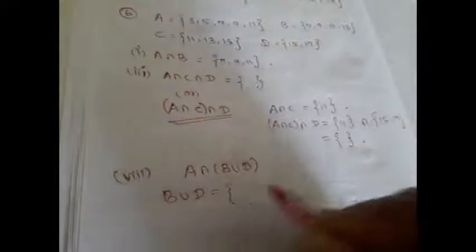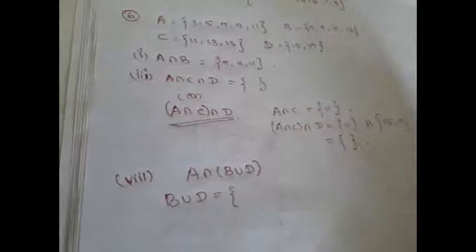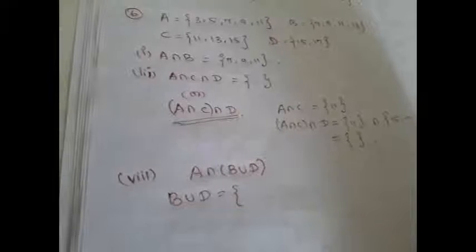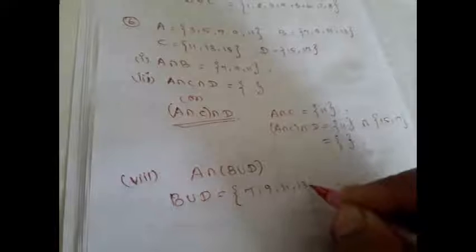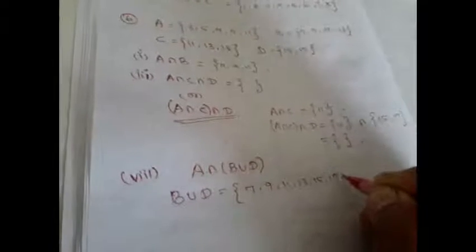So first find what is B union D. Always solve the problem step by step so that you won't make mistakes and even the things will be clear for the examiner or the evaluator. Don't answer it in a single step, right? So first find B union D. B union D means you have to find the union of the sets B and D. So what are all the elements available? 7, 9, 11, 13, 15 and 17.